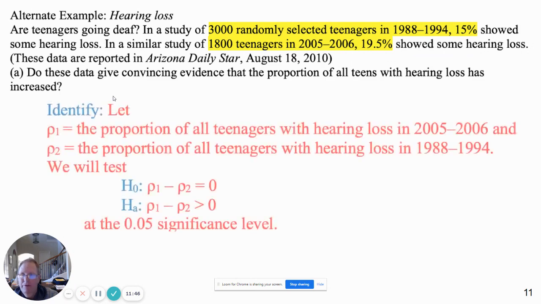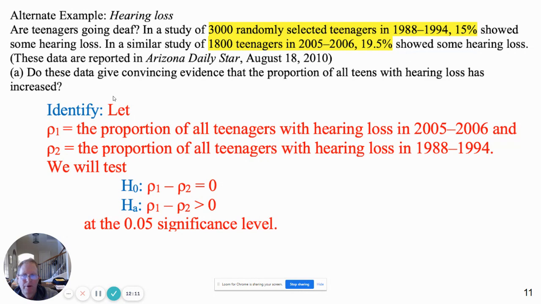So first thing we need to do is define our parameters. I'm going to let p1 be the proportion of all teenagers with hearing loss in 2005 to 2006, and p2 is the proportion of all teenagers with hearing loss in the earlier period. We want to see, do the data give convincing evidence that the proportion has increased?